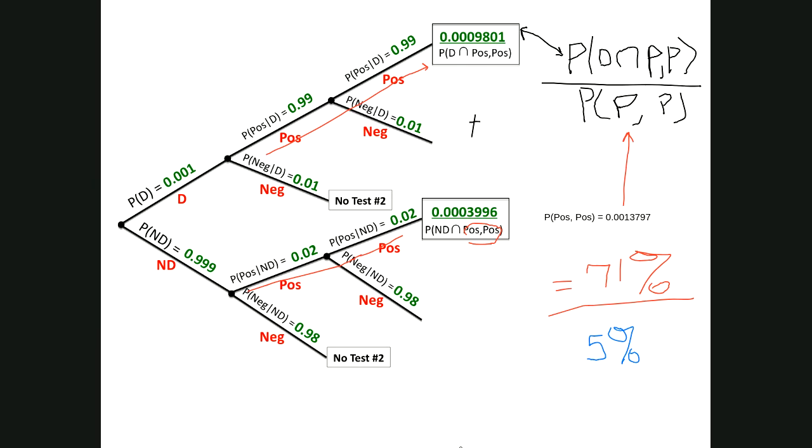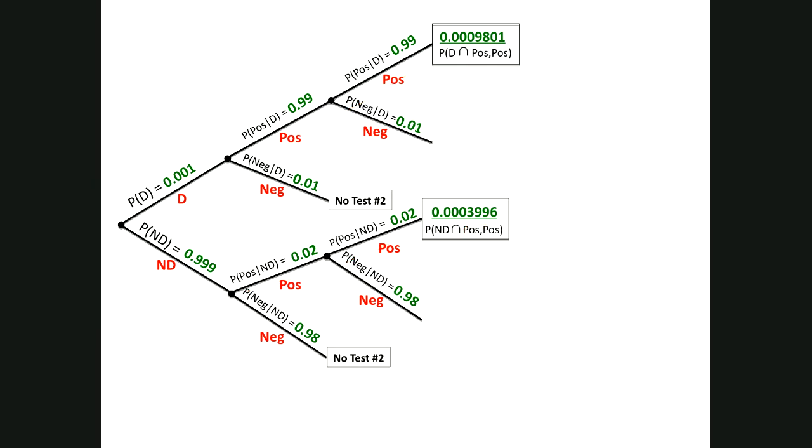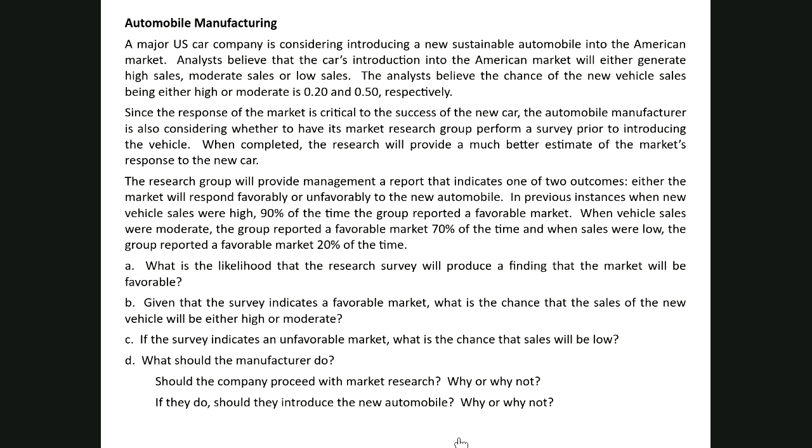All right, so let's look at one final example. We'll leave this with you. And this one is very different. I'll give you a minute to read this. It has to do with automobile manufacturing.